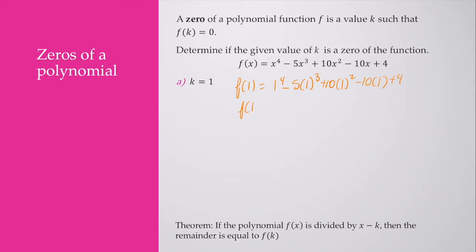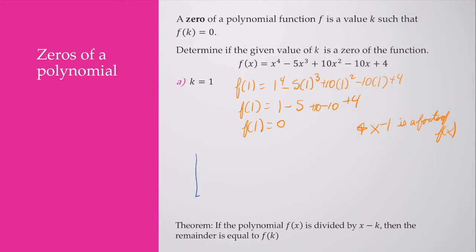So f of 1 is 1 minus 5 plus 10 minus 10 plus 4. This gives us that f of 1 is 0. This means that x minus 1 is a factor of f of x. We could now use synthetic division to simplify this. Why don't we go ahead and do that?